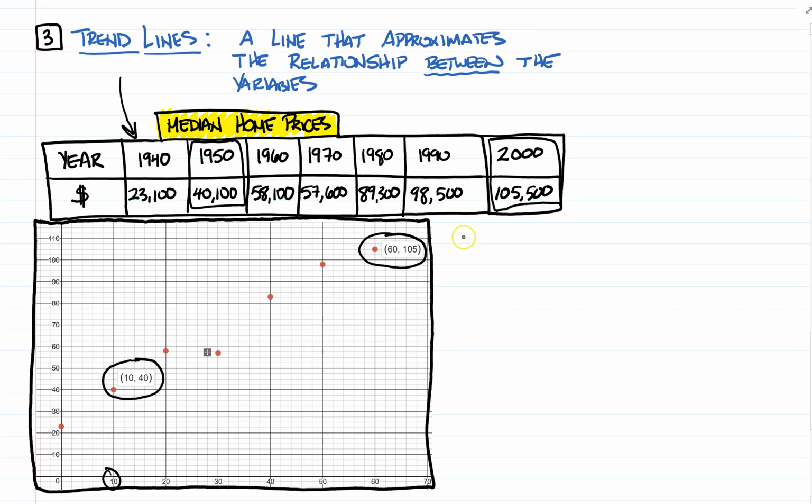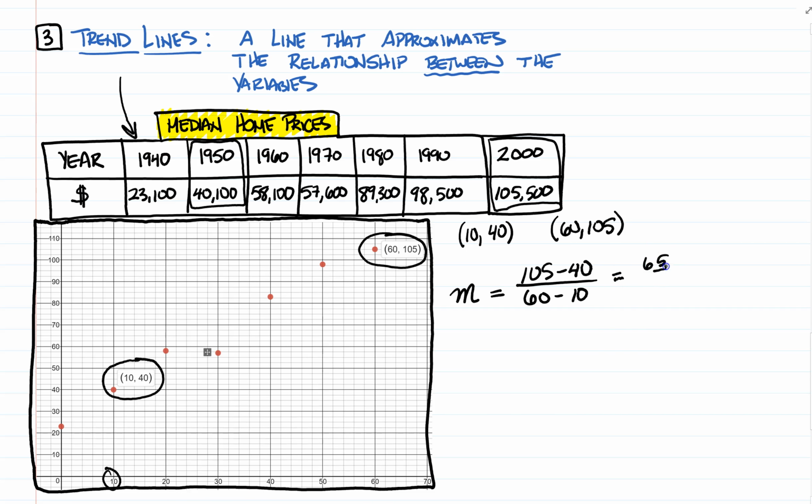So if I take these 2 points, which are (10, 40) and the other point would be (60, 105), I can calculate the slope between them. The slope would have to be 105 minus 40 divided by 60 minus 10. So I can go ahead and get the slope just from these 2 points right here. 105 take away 40 is worth 65.